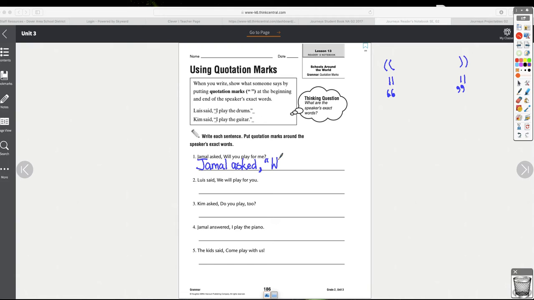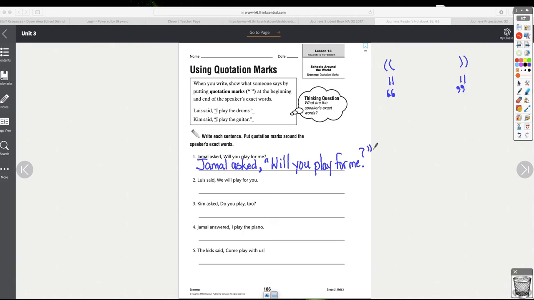When we have speaking parts, the speaking part always starts with a capital letter. Whether it's in the middle of the sentence, at the beginning of the sentence, at the end of the sentence, the speaking part always has a capital letter. So the capital W on will should be there. Will you play for me?